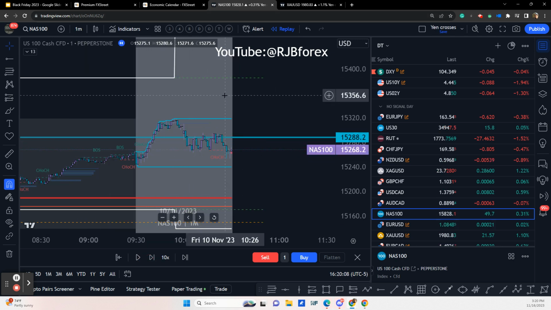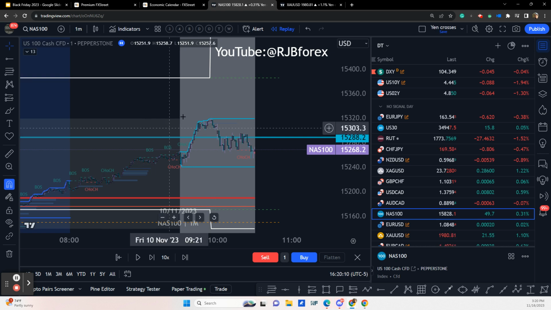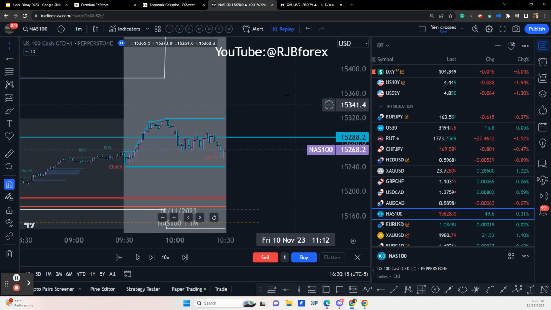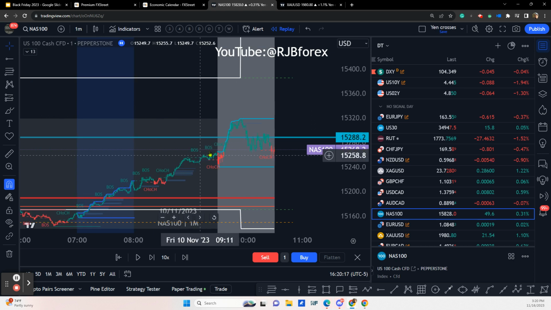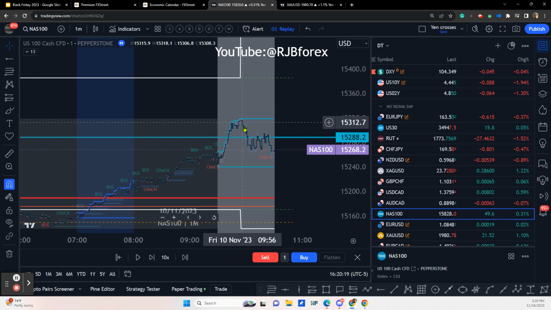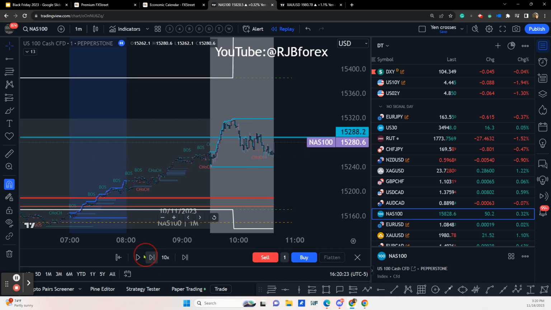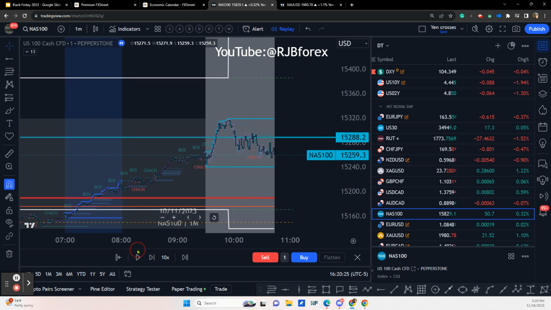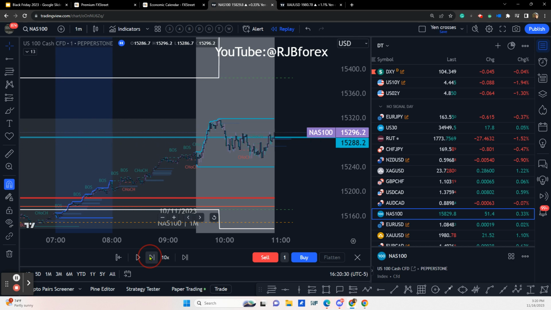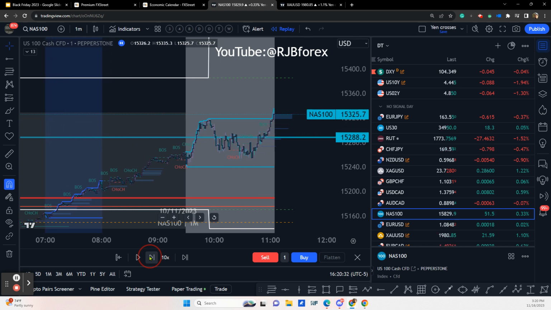So at this stage, the market is not really giving us too much information one way or another. It's tried to run higher. It's trying to come lower. But that closing price remains as a key level.